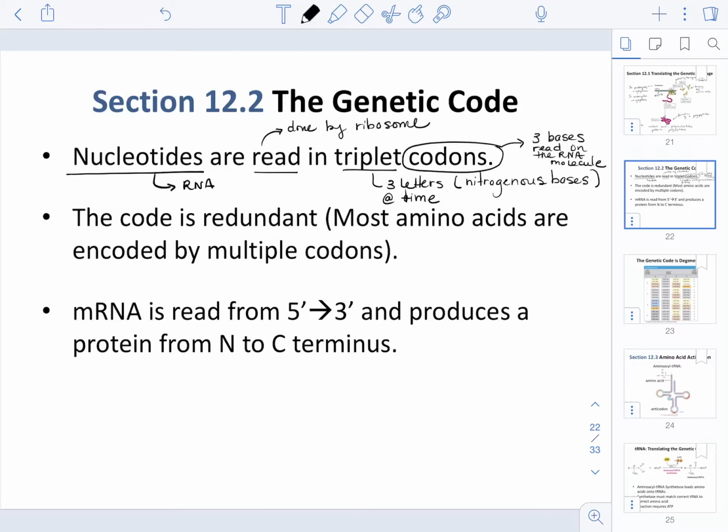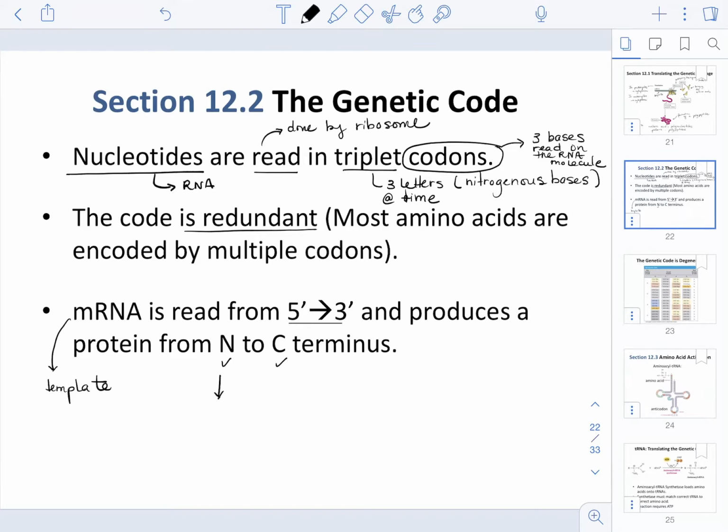Now, understand that when it comes to the genetic code, we know it as a redundant code because most amino acids are going to be encoded by multiple codons. The mRNA, and remember that the mRNA is the template for translation, is read from the 5' end to the 3' end, and the protein that is synthesized is going from the N terminus to the C terminus.